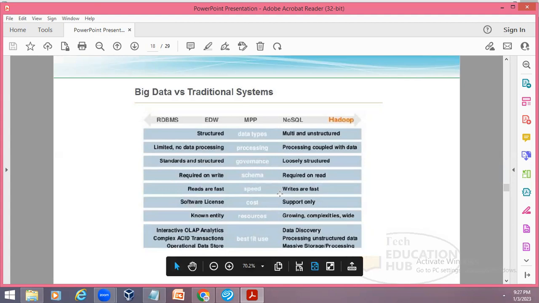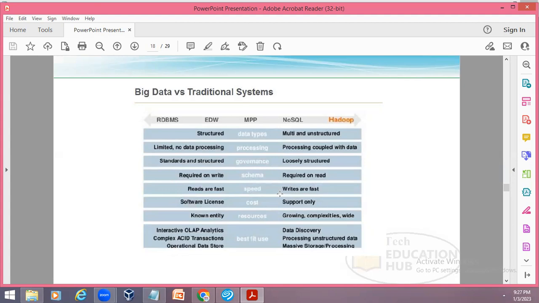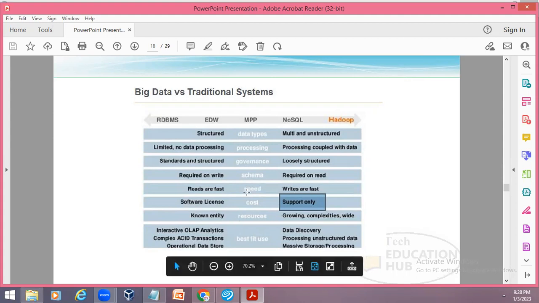So you don't have to purchase it, you don't have to pay anything. But for support and maintenance only, you have to pay. But for the RDBMS system, you have to pay for purchase as well as for support and maintenance. For both, you have to pay. Clear on this cost?